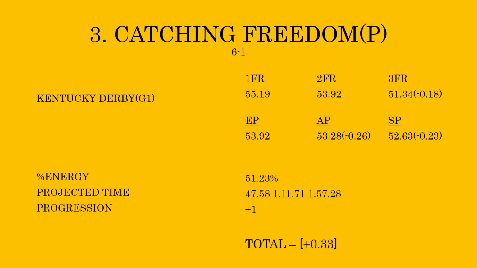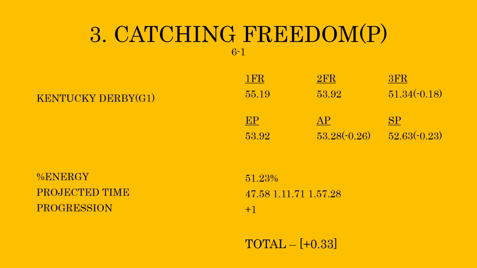I think in order to be competitive in the Preakness, he's going to have to take another step forward, meaning he's going to have to be even closer to the pace. So looking at these numbers, it might very well be possible for him to be competitive in that regard, but I'm not overly certain.